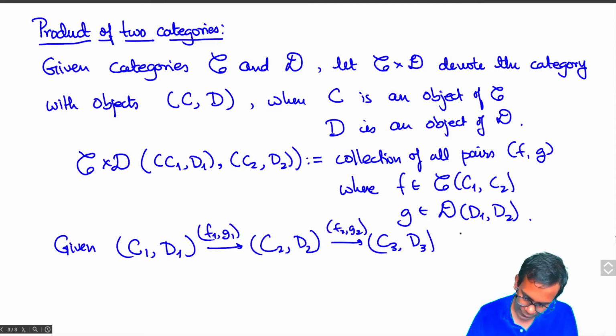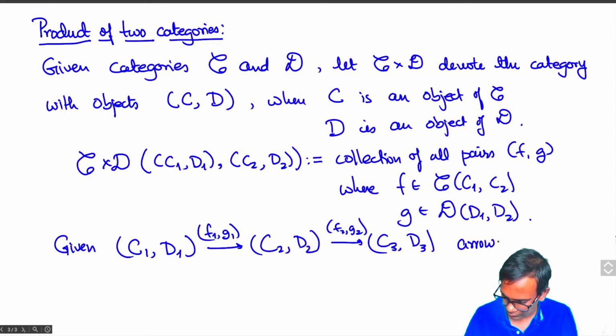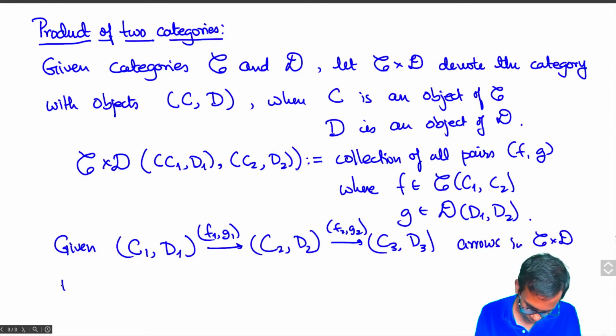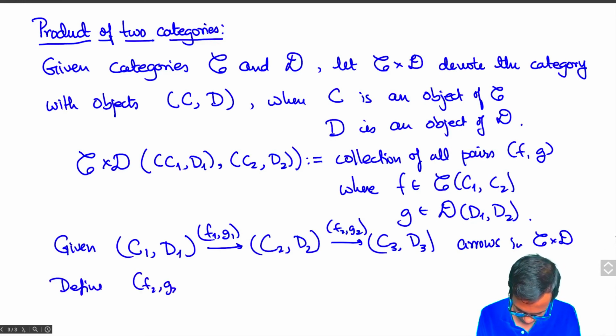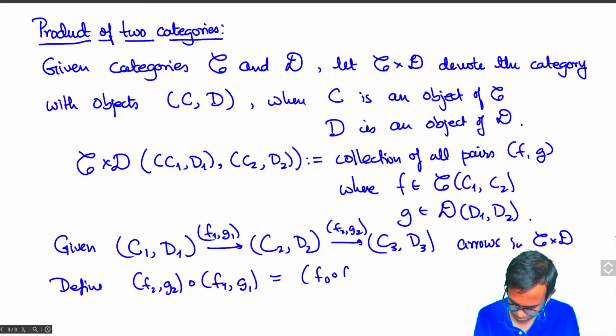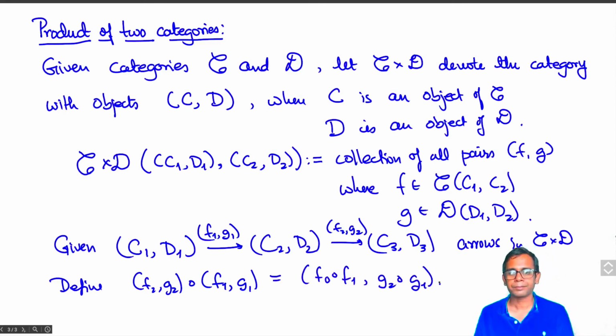So given such arrows in C cross D, the composition is defined by (f2, g2) circle (f1, g1) is componentwise composition: (f2 circle f1, g2 circle g1). So this defines the category C cross D, and I claim that this category is a product in the category of categories.